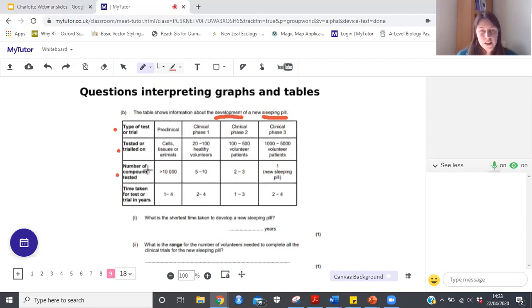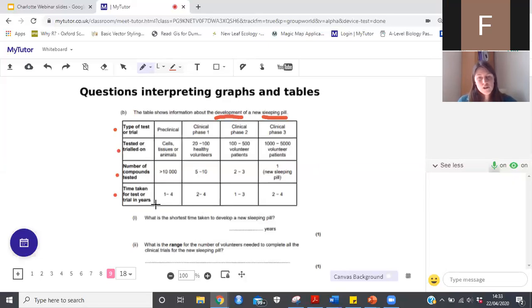Number of compounds tested. More than 10,000 compounds tested in the preclinical trial. 5 to 10 compounds tested in the clinical phase 1 trial. 2 to 3 compounds in the clinical phase 2 trial. And 1 pill in the clinical phase 3. So we've got a steady decrease there in the number of compounds tested as we move through those different trial phases.